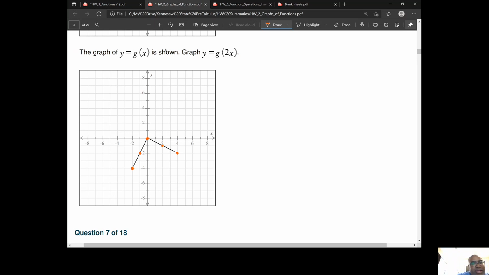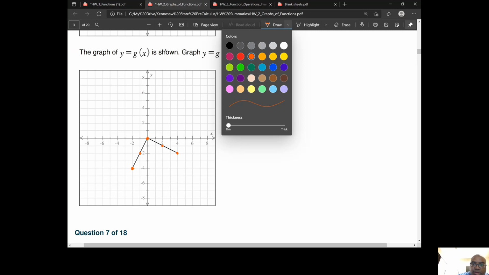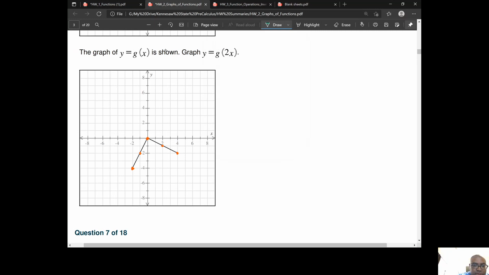My x value is halved. So instead of 4, -2, it is 2, -2. I should do that in a different color. Green. So that becomes that. This 2 becomes 1 to get the same output.